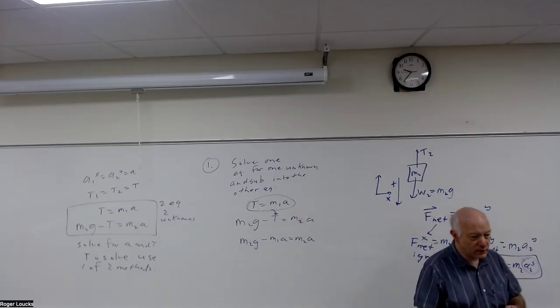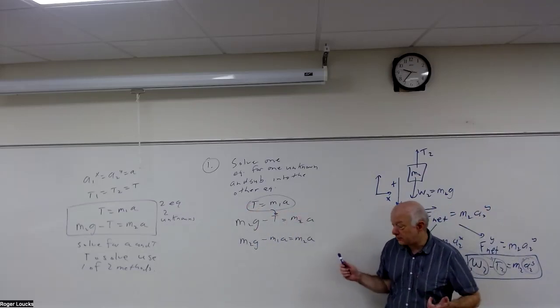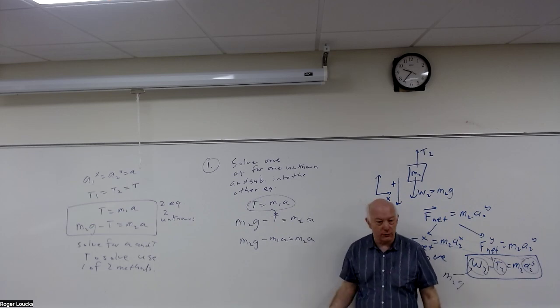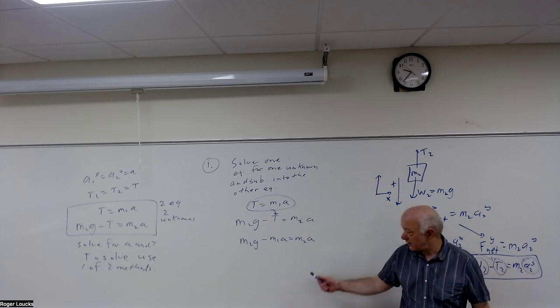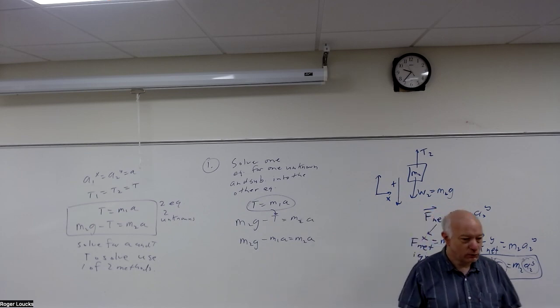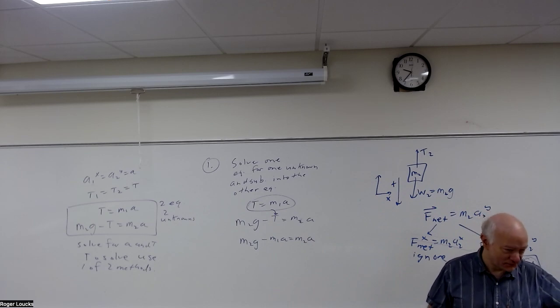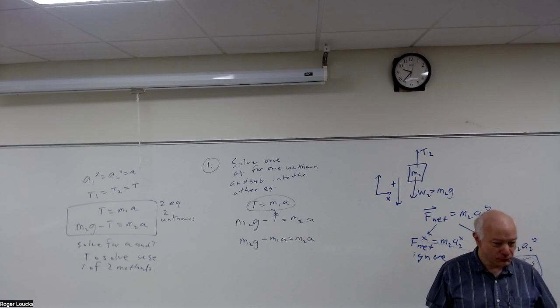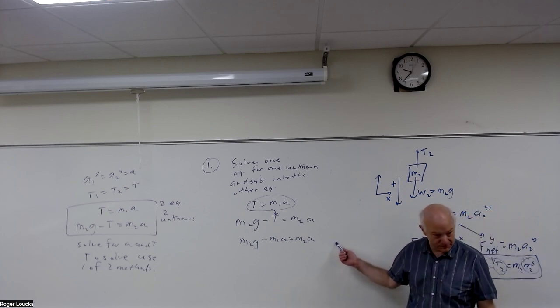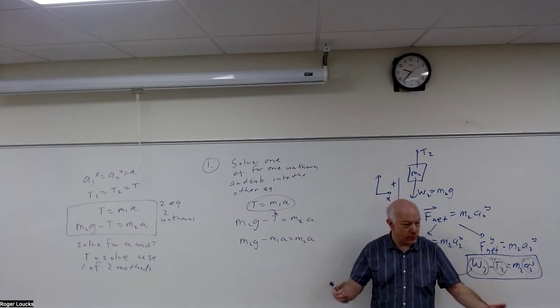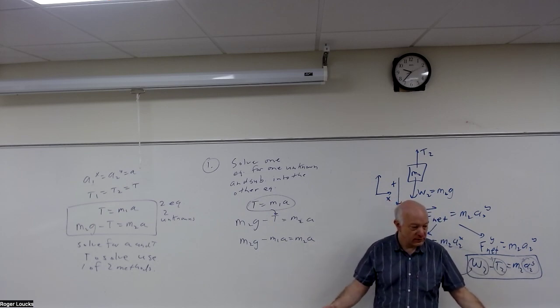Now, how do I solve that? I'm going to get a lot of times things like this. I have an equation like this and somebody will then divide through by M2 and say, I'm done, I solved for A. Why do you not do that? If we're trying to solve this for A, how many A's do we have? One here and one here. What do we have to do with all the A's first? Get them on one side.